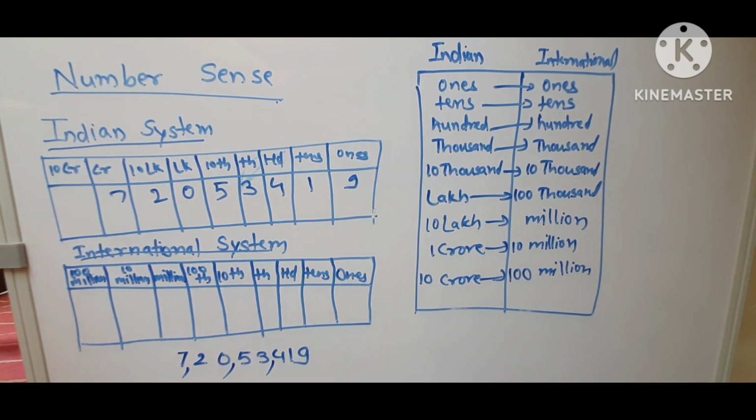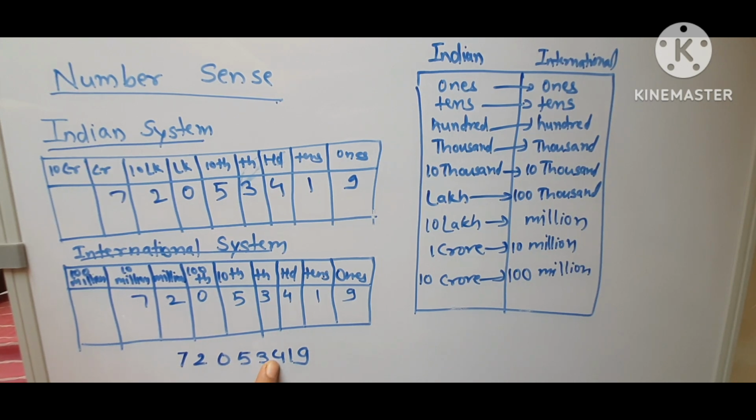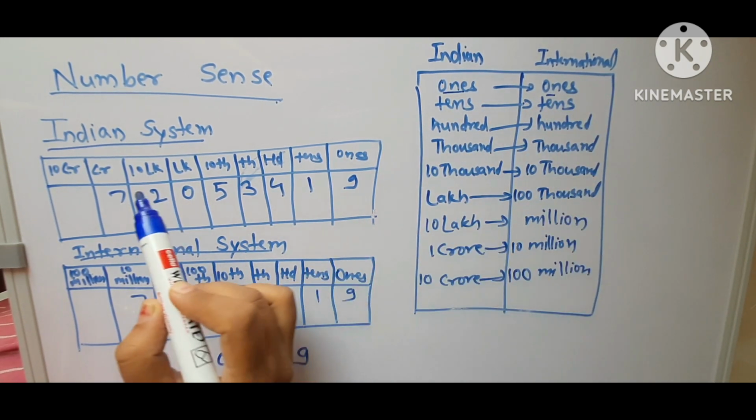But the same number in the international system of writing, the way we will read it is 72,053,419.